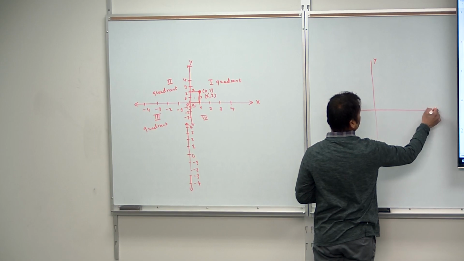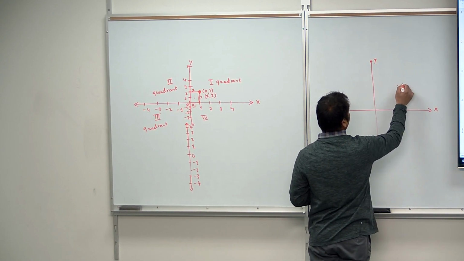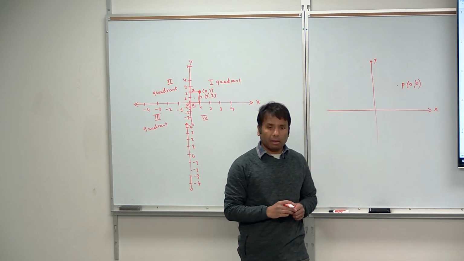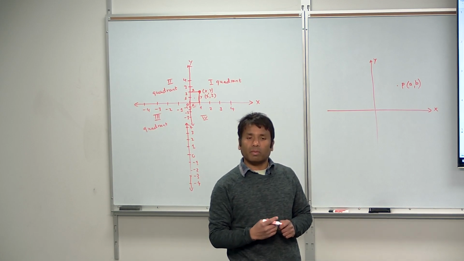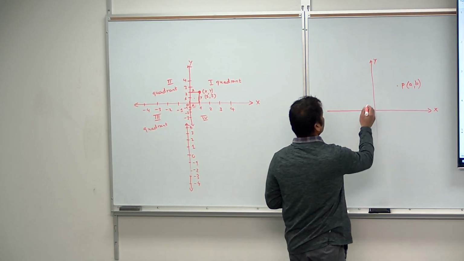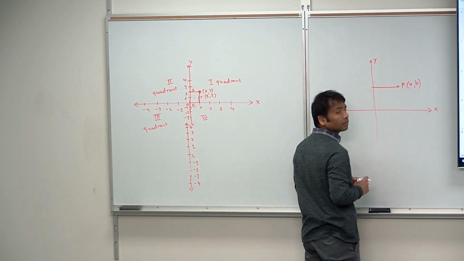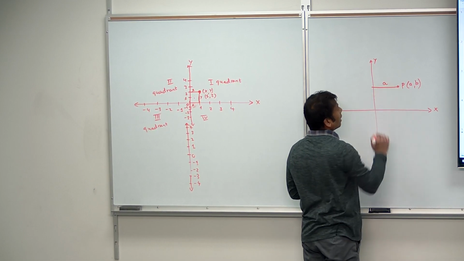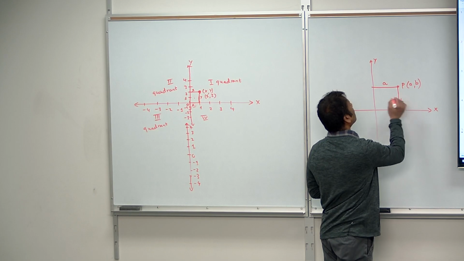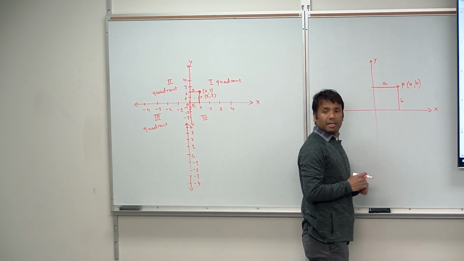If you have any point (A, B) here, A is the distance from the y-axis. This is A. And B is the distance from the x-axis. Yeah, that makes sense?